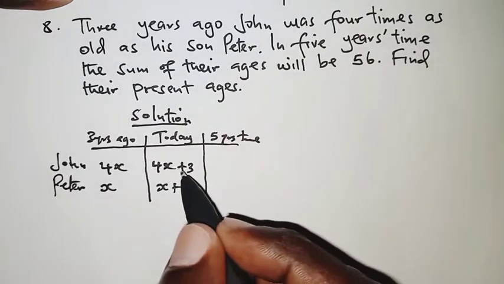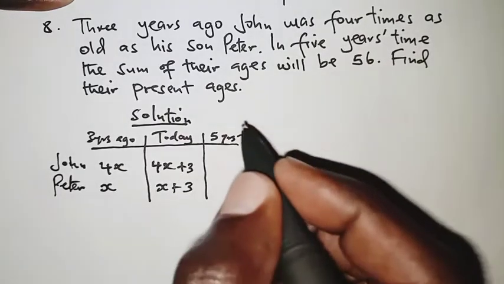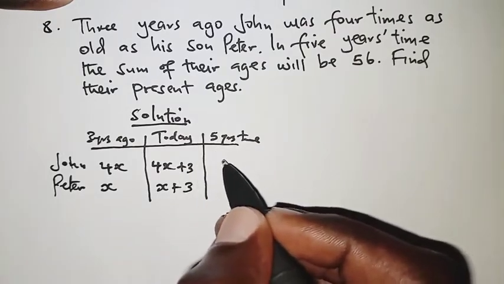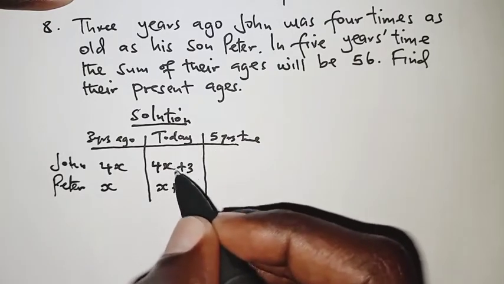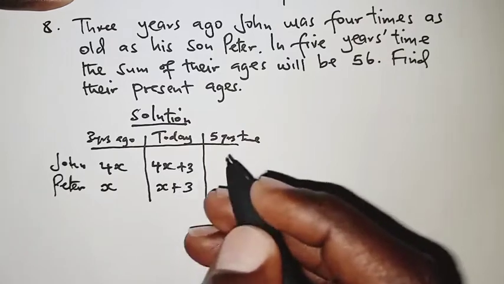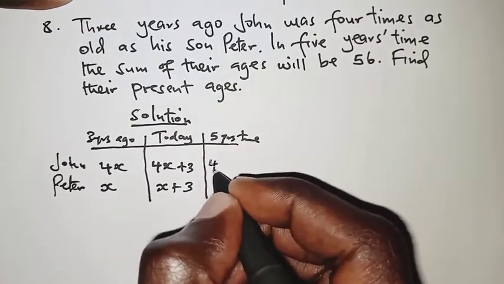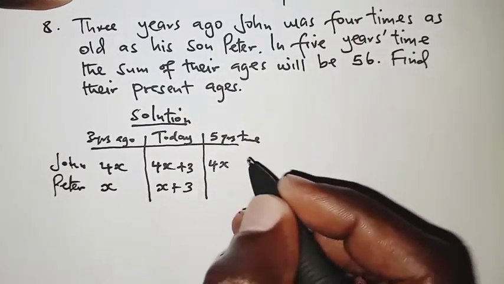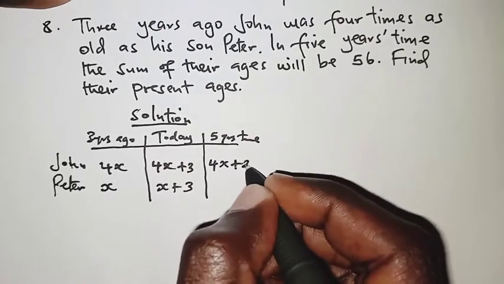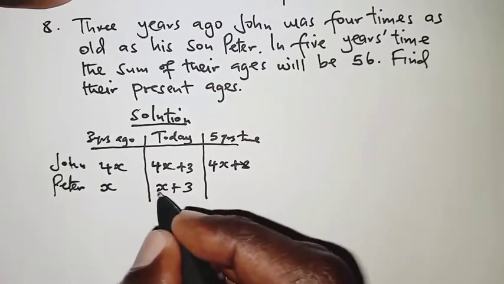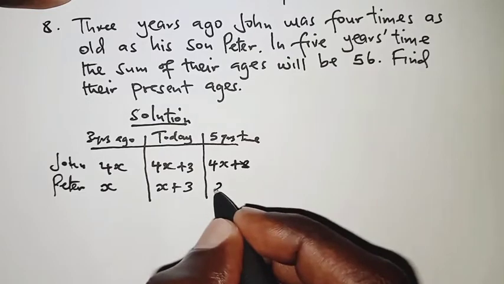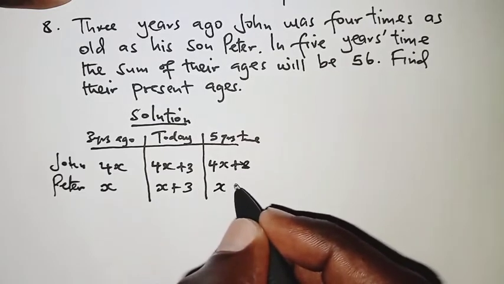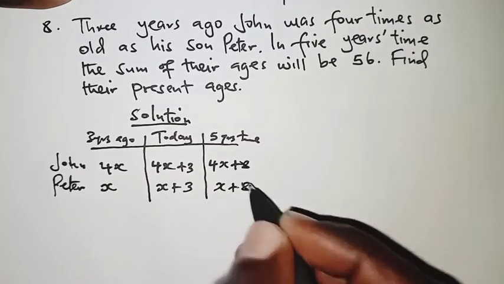Now from today into 5 years' time, we'll have to add 5 years to their respective ages today. So we'll have 4x plus 3 plus 5, so that gives us 4x plus 8. Here we have x plus 3 plus 5, so we have x plus 8.